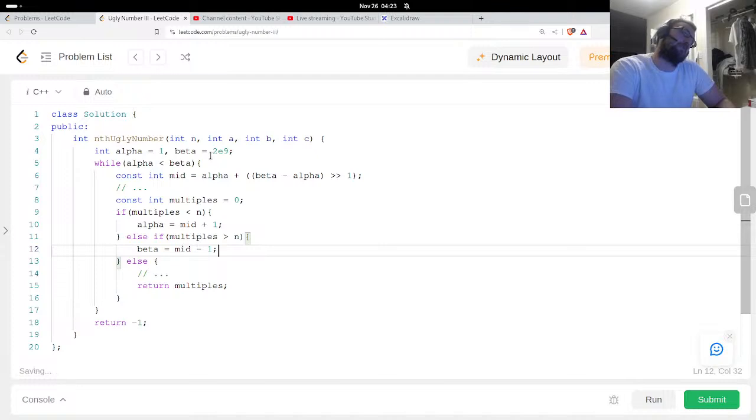If multiples is larger than n, that means there are too many multiples, so I've got to take beta down to mid minus 1. And we keep going until we find the number of multiples being exactly equal to n.